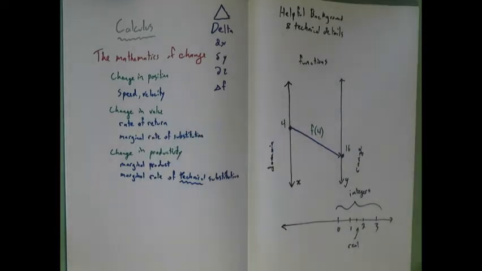We'll talk about, in economic context, the change in value. So we've already seen a rate of return when we were talking about present value. We can talk about the rate of substitution as a change in value, and in that case, we're going to be talking about indifference curves, something that you might be seeing in intermediate micro already. And then change in productivity, also a big economic question.